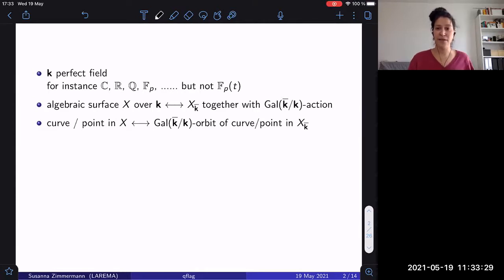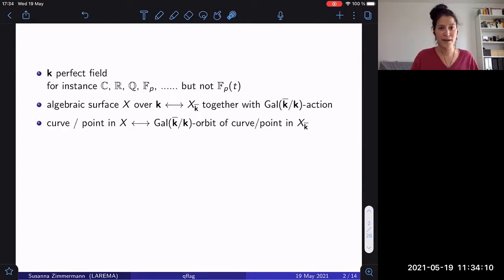From my point of view, an algebraic surface X over K is the same thing as the same surface over the algebraic closure, together with a Galois action. If you think of an affine or a projective surface, this surface is given by a polynomial equation with coefficients in K, but you can just say that this is a polynomial equation over K bar which is invariant with respect to the Galois action.